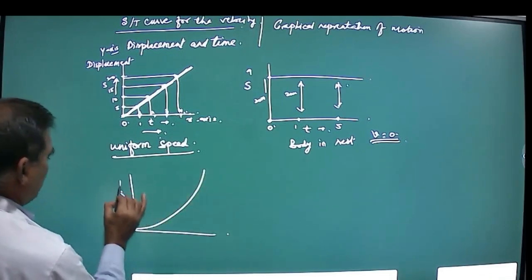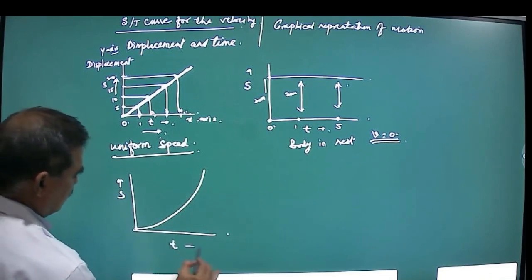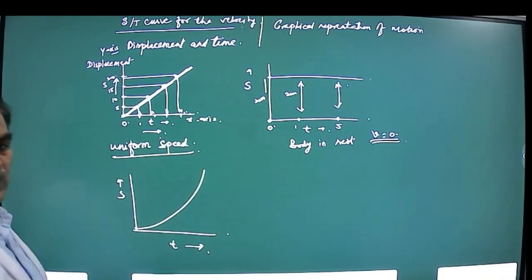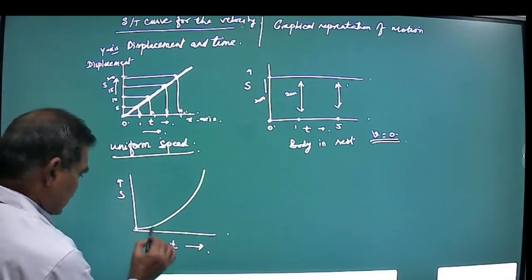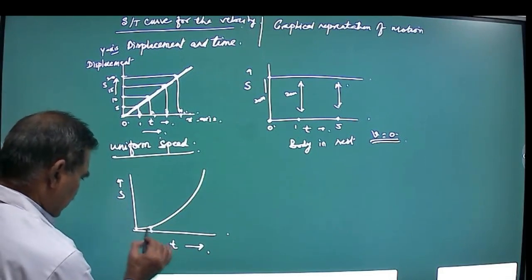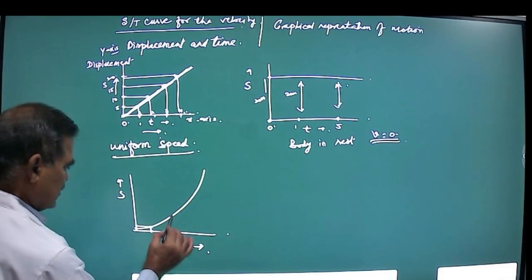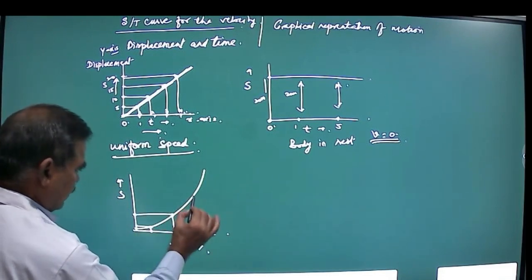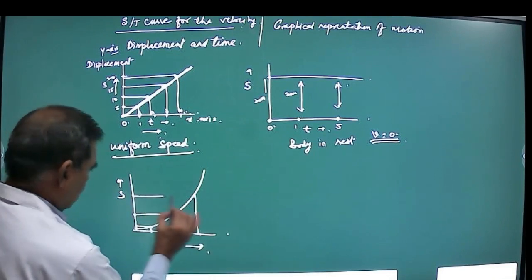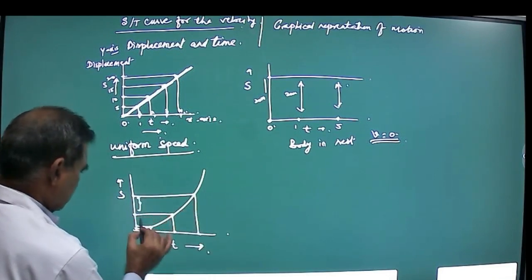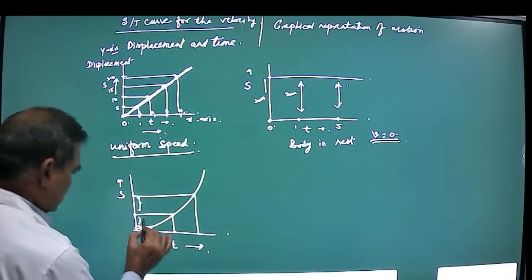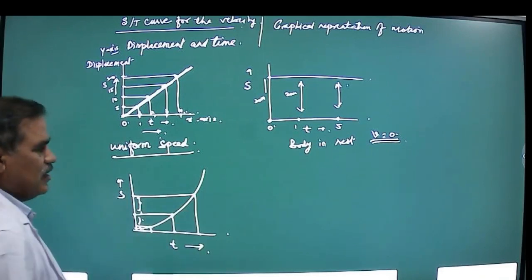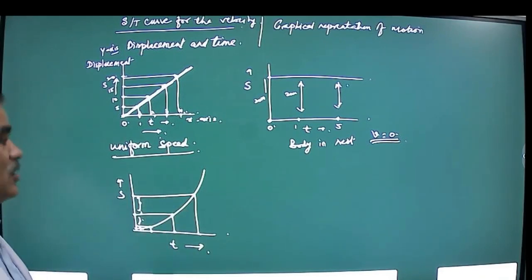This is the S displacement, this is the time. If the curve is like this, it means that in the first interval it covered only this distance, in the second it covered this much distance, and in the third second it covered this much distance. So you see, the distance is increasing per second. It means its speed is increasing.